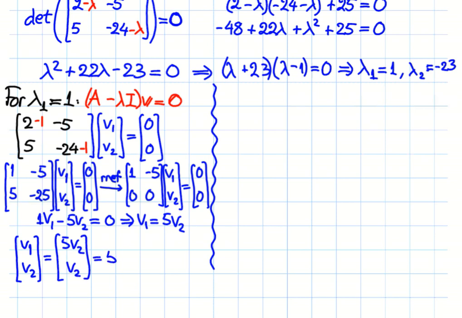Factor out the v2, we have 5 and 1. That is the eigenvector. We say eigenvector 1 is 5 and 1.